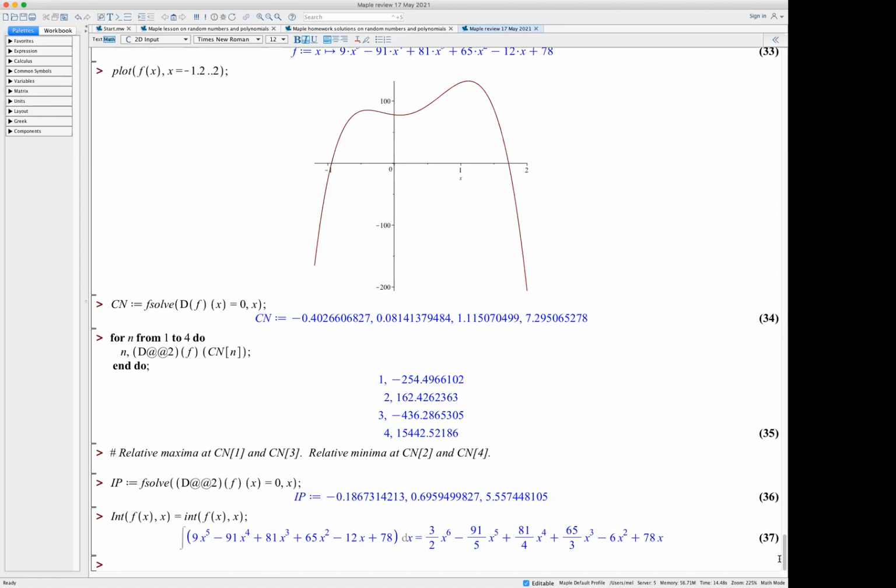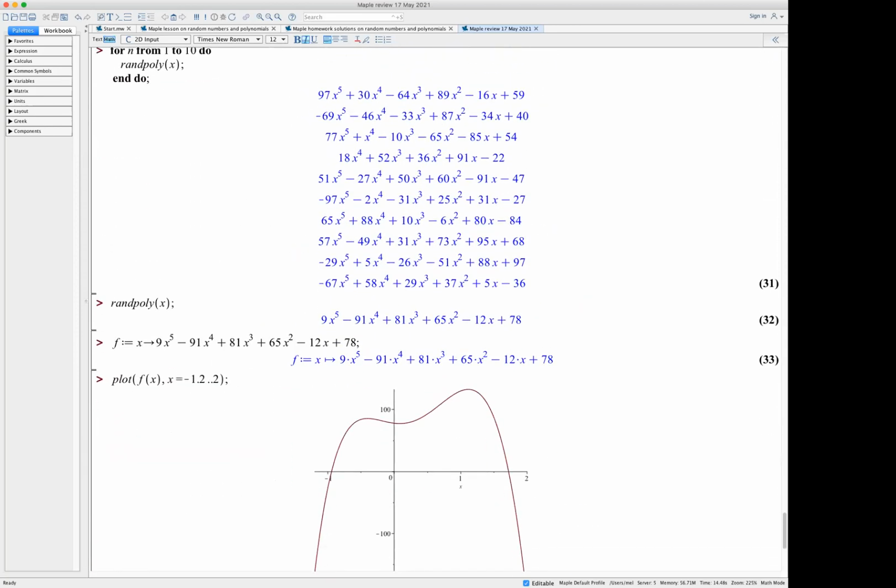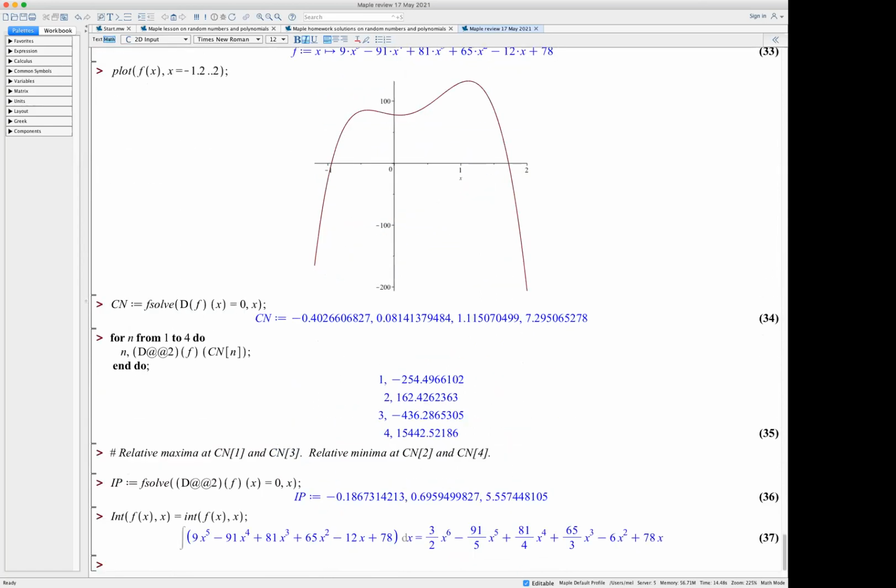Questions about any part of that? Yes, Professor. I have a question. Could you scroll back down, please? Yes, for the fsolve portion, right? Cn fsolve, right? Are you always going to get 4 outputs? Depends on the function. This particular polynomial has 4 critical points.